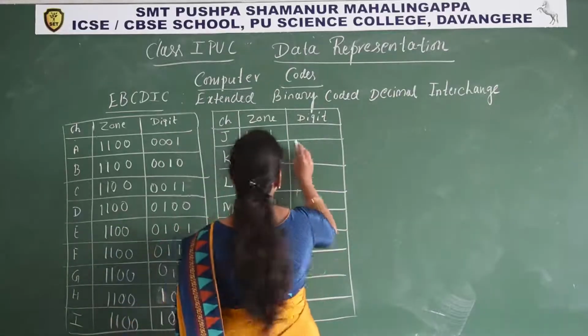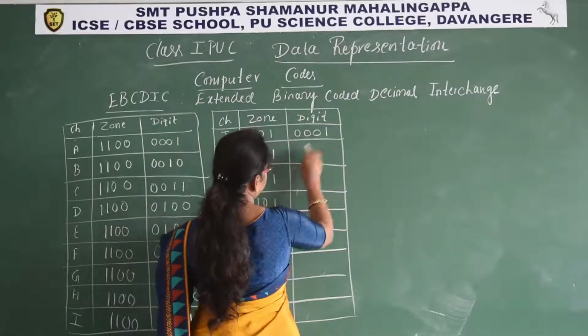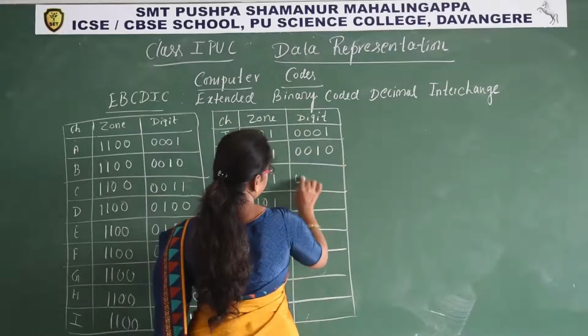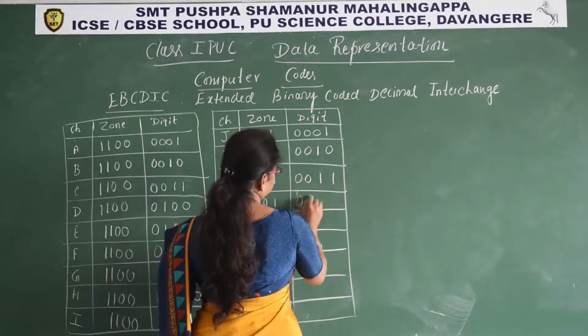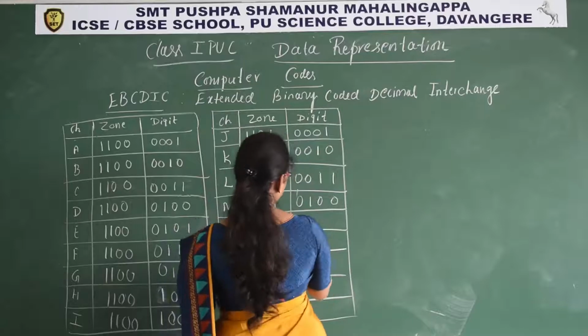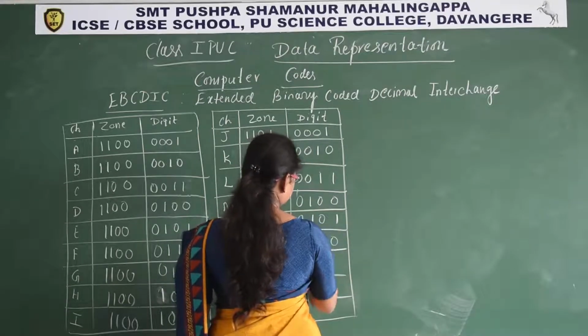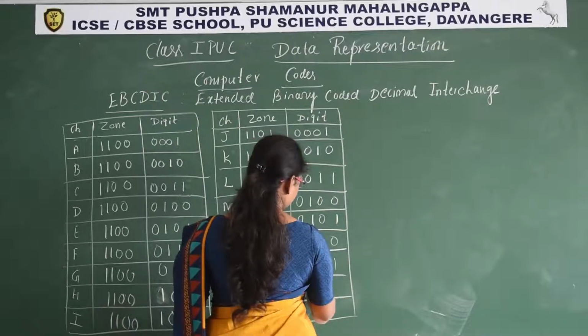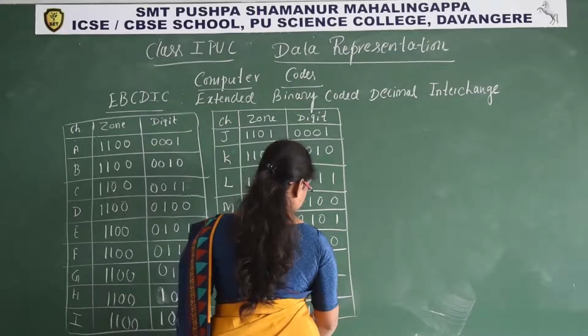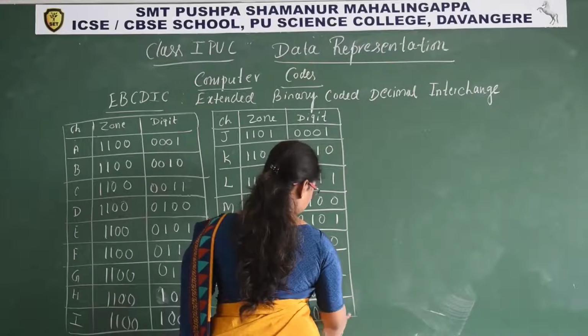Now again start the digit from 1: 0001, 2, 3, 4, 5, 6, 7, 8, 9.